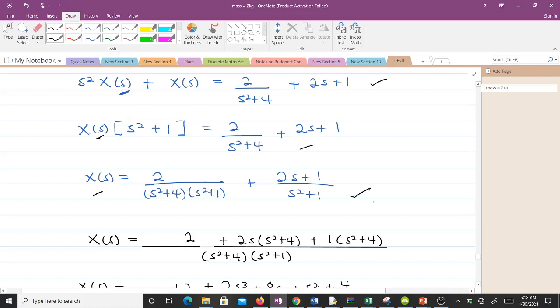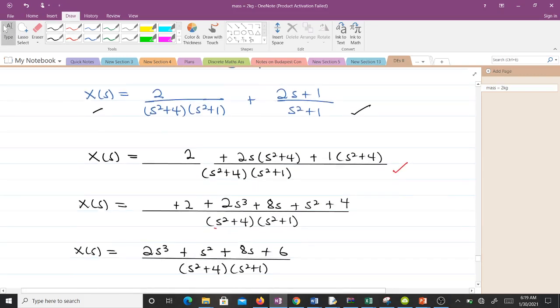Okay. So when we have this function, we would like to add the two together. So we find the LCM, which happens to be s squared plus 4 times s squared plus 1. So we just work around that, and that gives us this. Okay, so when you do this, you also get this.